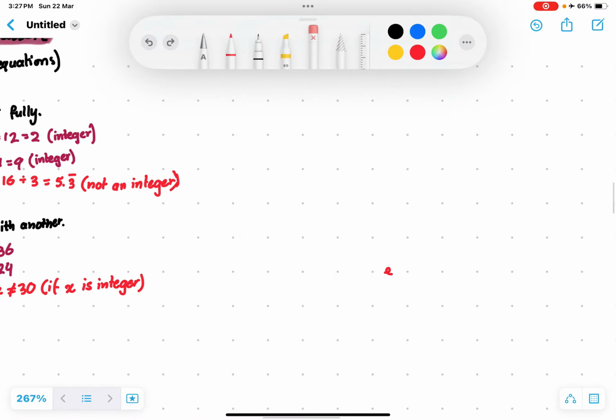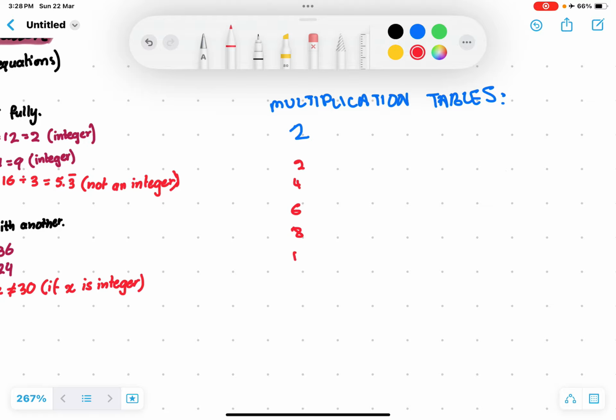Now, let me just draw your attention to something. Let's think about multiplication tables. Let's look at the multiplication table of 2. So we've got 2, 4, 6, 8, 10, 12, and so on.